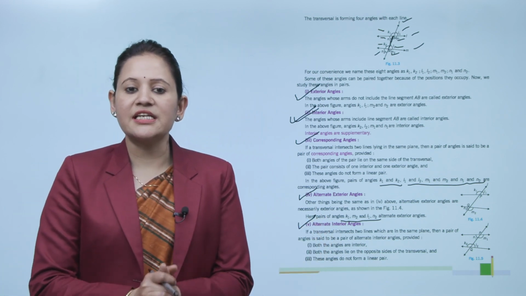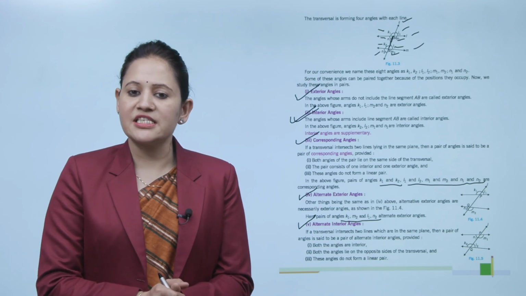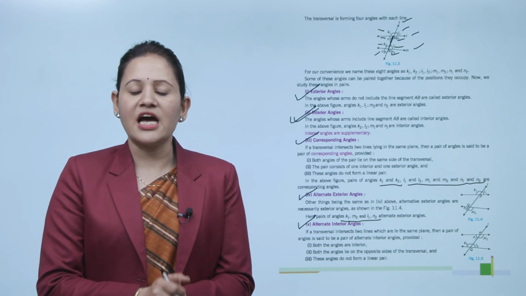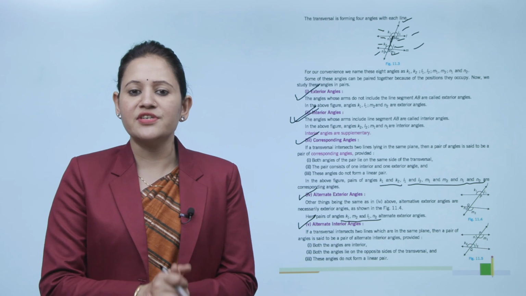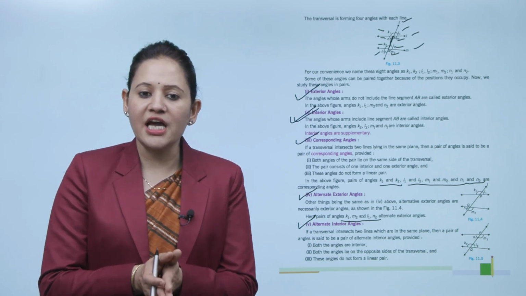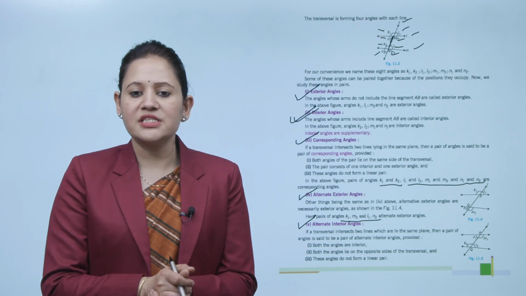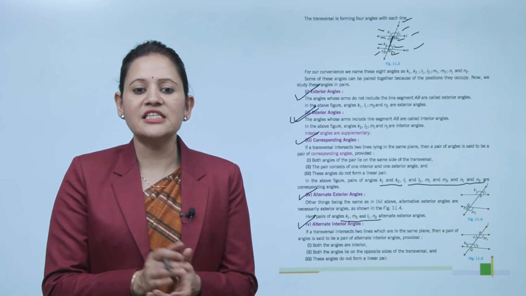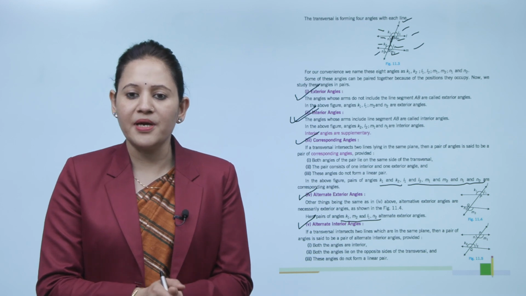Next is alternate interior angles. If the transversal intersects two lines which are in the same plane, then the pair of angles is said to be a pair of alternate interior angles, provided both the angles are interior, both the angles lie on the opposite sides of the transversal, and these angles do not form a linear pair.